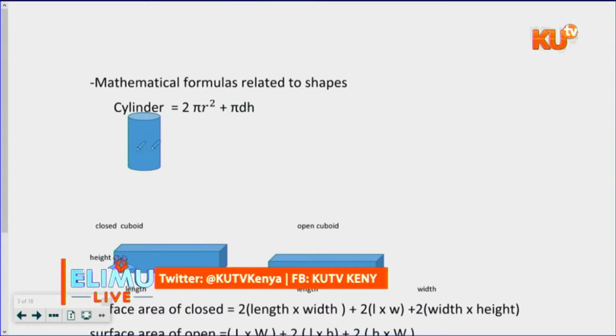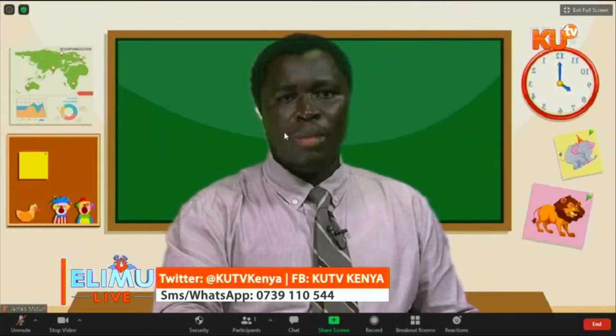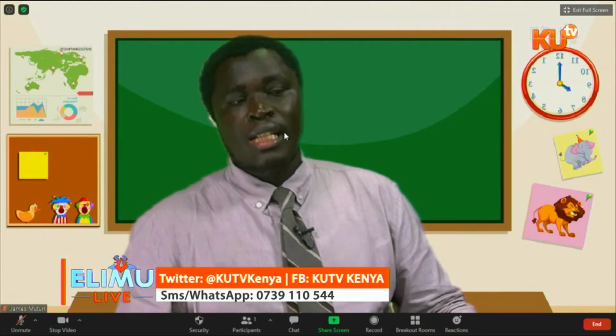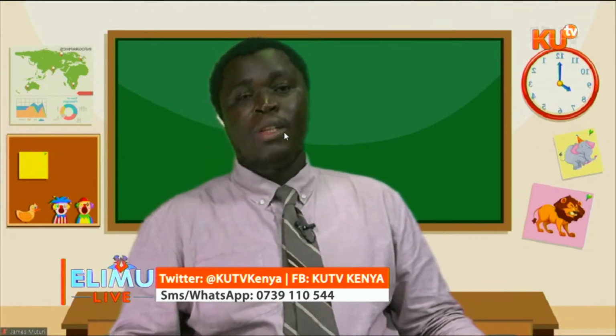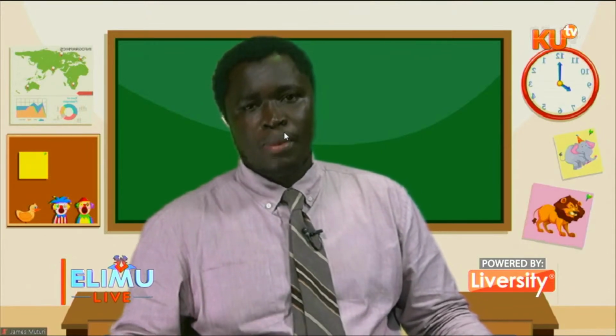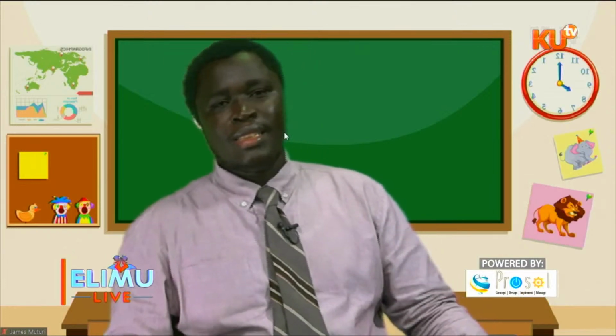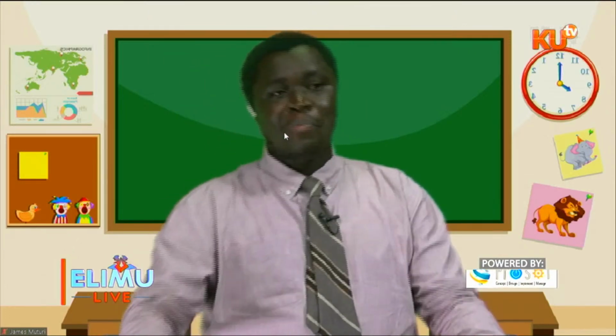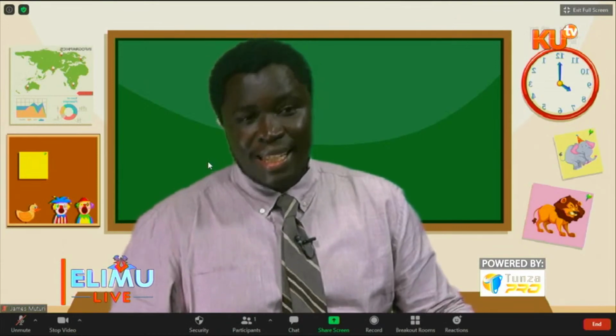So we have pi d h. In total, the formula for the surface area of a cylinder is 2 pi r squared plus pi d h.